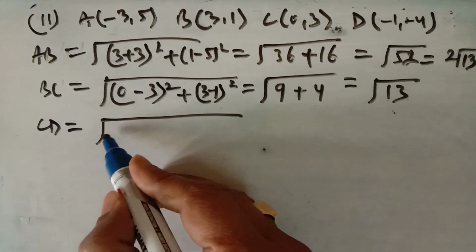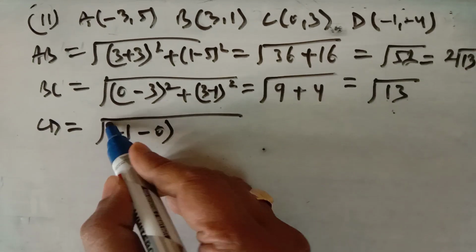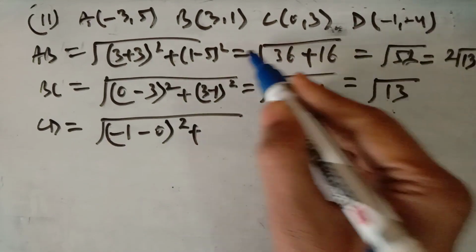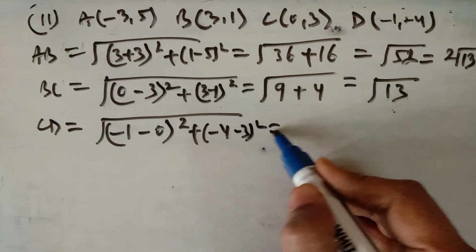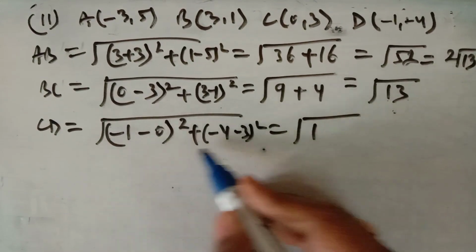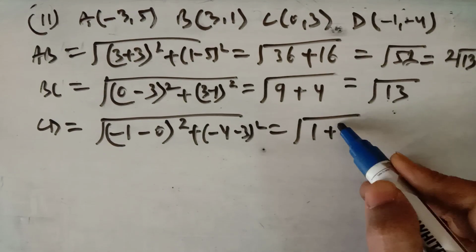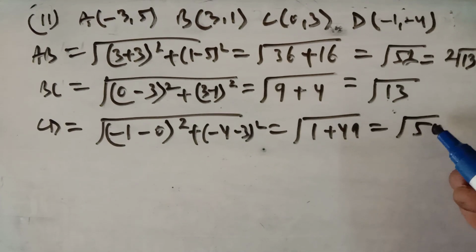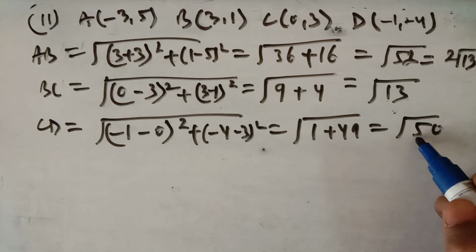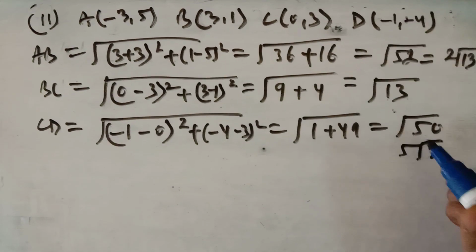Find the distance of CD: (x2 minus x1) whole square plus (y2 minus y1) whole square, -4 minus -3, whole square, that is 1 minus 1 square is 1, -7 square is 49, that is root 50. This is coming out to be root 50, which is 5 into 5 into 2, that is 5 root 2.